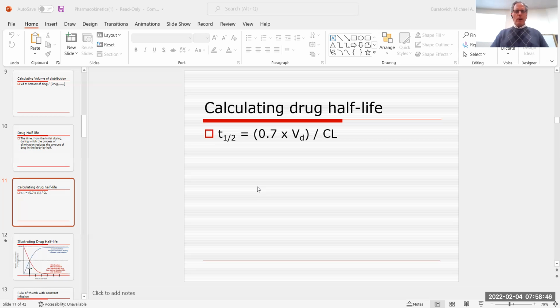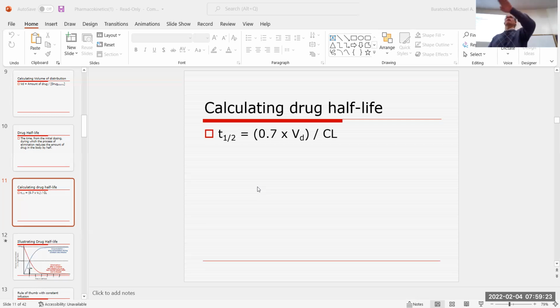All right. So we talked last time about this concept of half-life. That's the time from when you dose the drug to the time it takes to reduce the amount of the drug in the circulation by half.